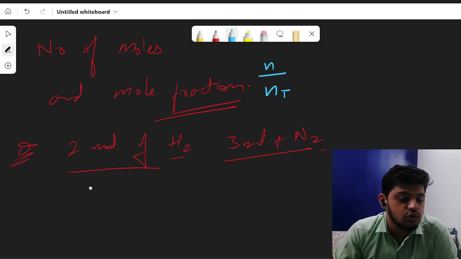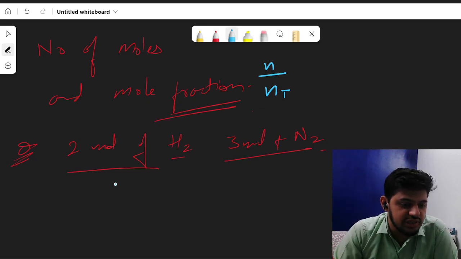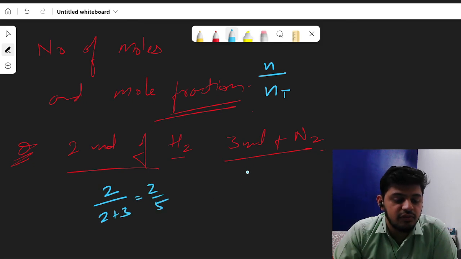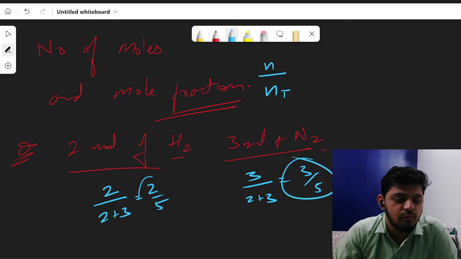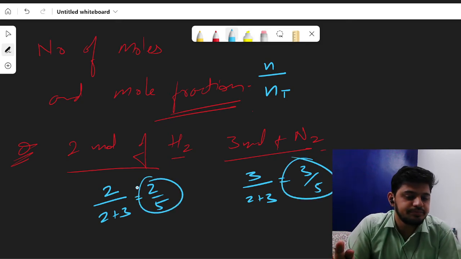The total is the moles of first and second. So for hydrogen, it is 2 divided by 2 plus 3, which is 2 by 5. For nitrogen, it is 3 divided by 2 plus 3, which is 3 by 5. These are the mole fractions. Very easy thing. Not a big problem.